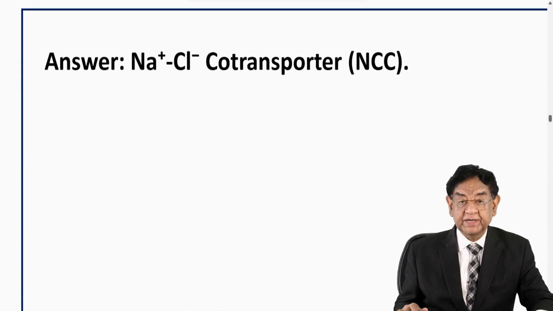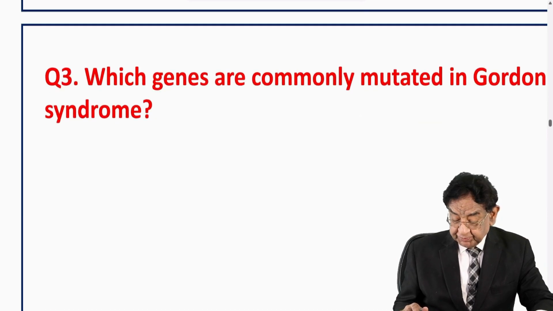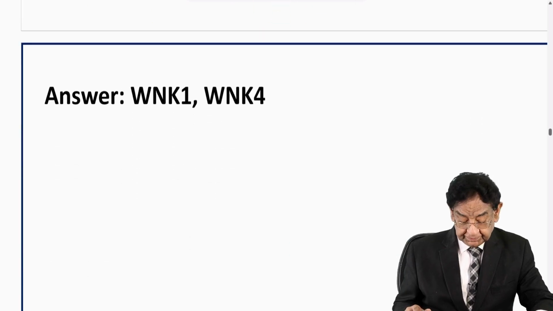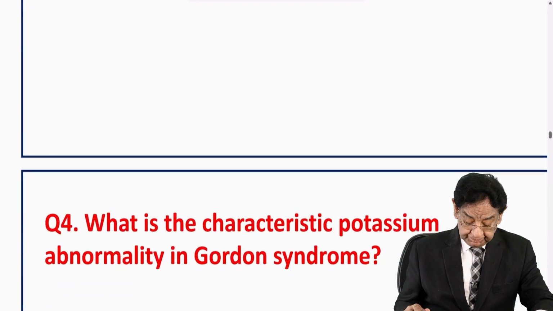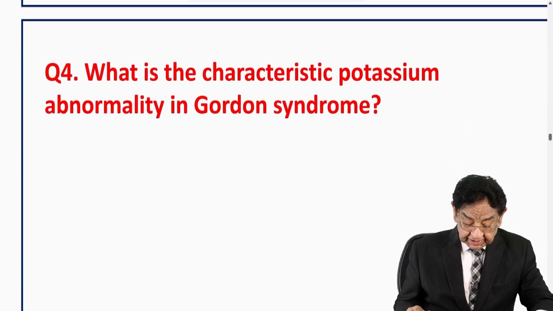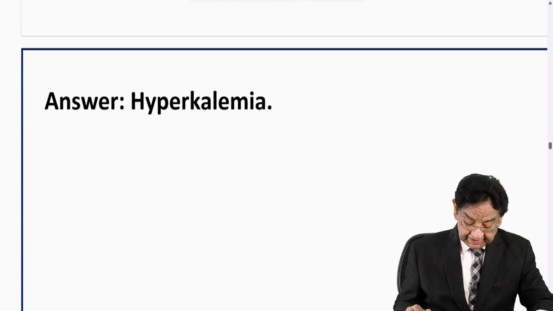NCC, sodium chloride co-transporter. Which genes are commonly mutated in Gordon syndrome? WNK1, WNK4. Which characteristic potassium abnormality occurs in Gordon syndrome? Very simple question. Hyperkalemia.